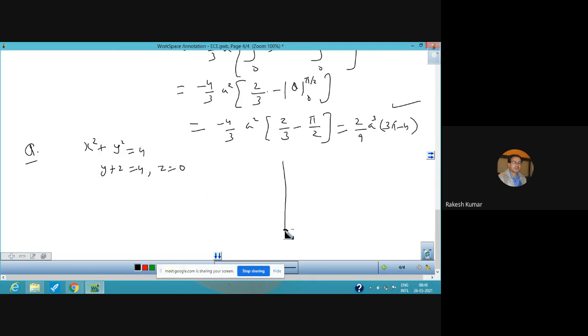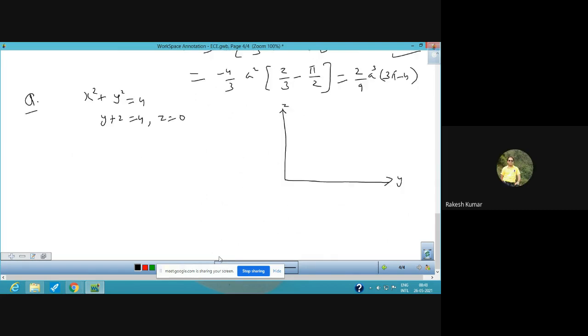So we have to plot a cylinder. This is y axis. This is to be taken as z axis, and this is to be taken as x axis. So plot the cylinder by taking it as a center point. So you will have a cylinder like this.